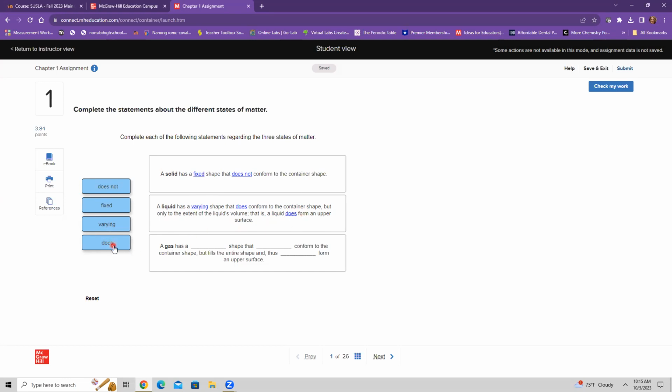But a gas has varying shape again, right? And does not conform to the container. And thus it does not form an upper surface, because you cannot put something on top of a gas, because there is no top of a gas, but there is a top of water, right? So you can actually have a boat floating on it or whatever it is.